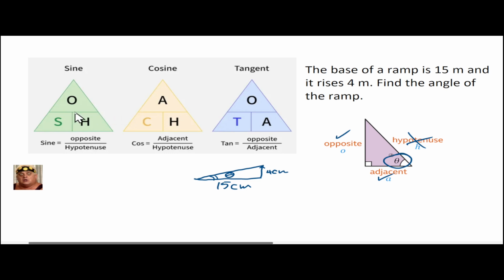So are we going to be working with sine? No. Cosine? No. Tangent is opposite and adjacent. We don't need to worry about Dusty because it's going to be incline. So theta is going to be tan -1 of opposite over adjacent, the opposite is 4, and the adjacent is 15.